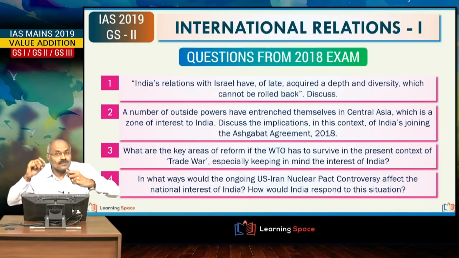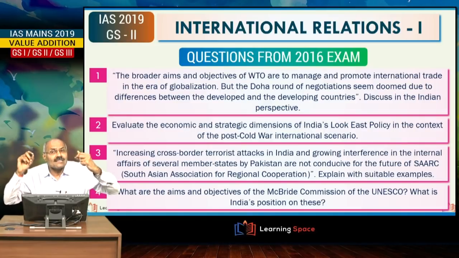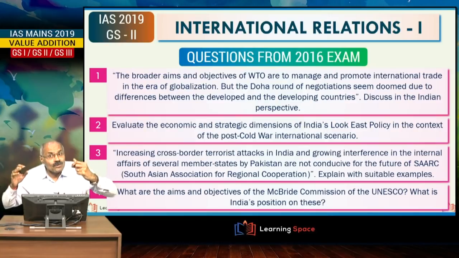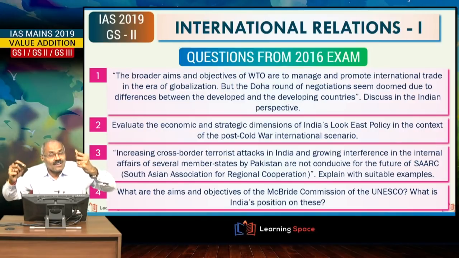Friends, if you look at 2018, 2017, 2016, one thing is clearly evident. Almost all the questions pertain to dynamic aspects, or current affairs. There may be one question here and there pertaining to static aspects, but mostly the questions pertain to dynamic aspects, or current affairs, right?